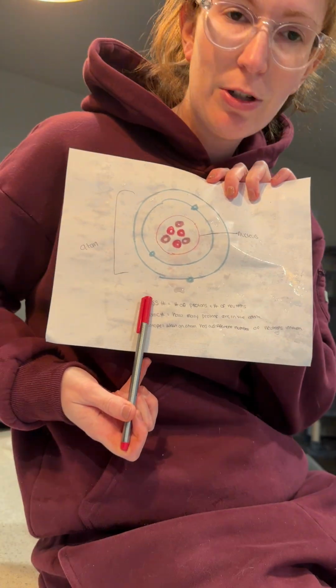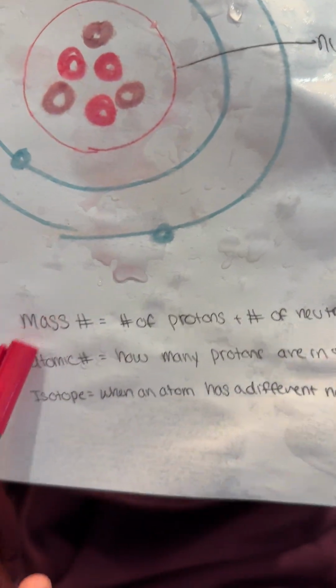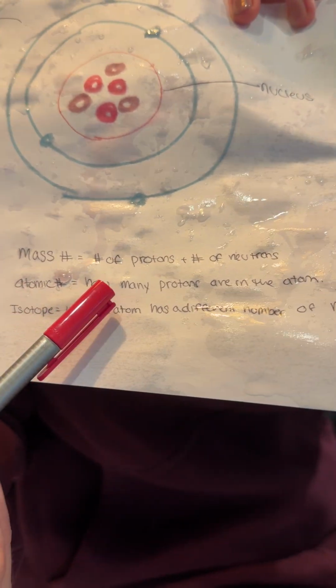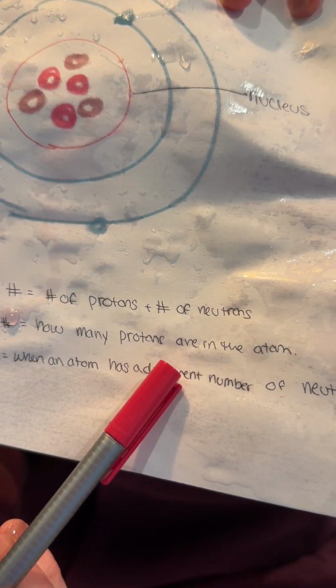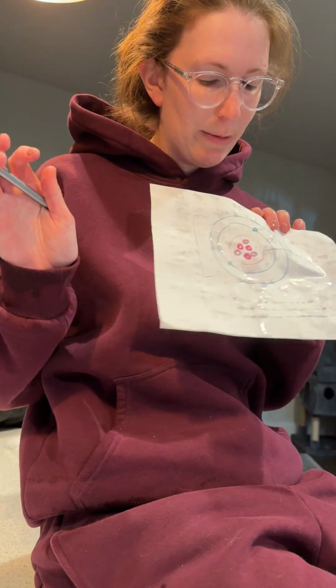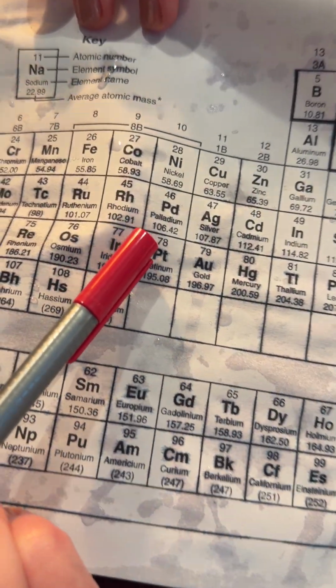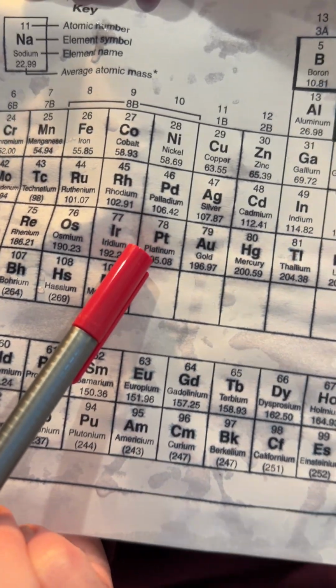So just a little notes, I guess. So the mass number is the number of protons and the number of neutrons. So protons and neutrons, if you add them up, they're going to give you the mass number. However, the atomic number is just the number of protons. So it's always going to be a whole number.